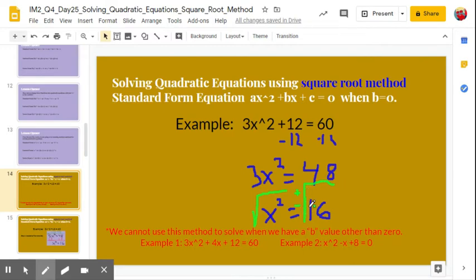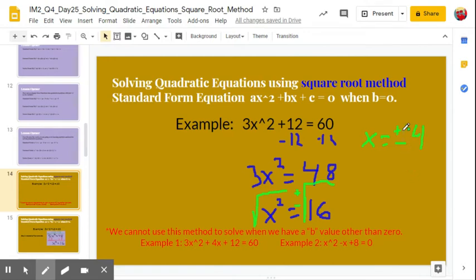Because the square root of 16 could be, well, 4 times 4 is 16, right? So it could be 4. And then is -4 times -4 also positive 16? That's right. So we get x equals plus or minus square root of 16. And since that's a perfect square, it comes out nice and pretty. So x equals plus or minus 4.